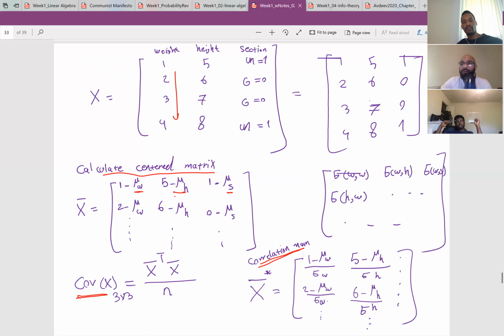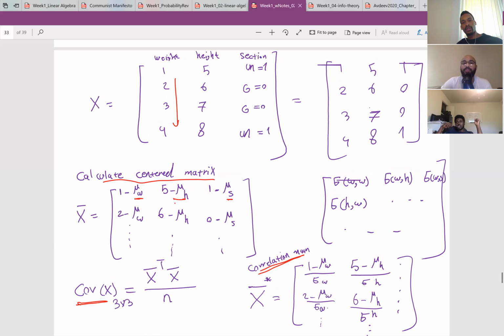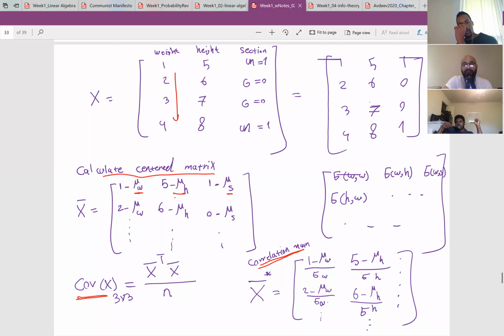Like weight and height. You might check the covariance first, and say, oh, look, I have pretty low covariance with weight and height. Then you would check the correlation, and this tells you the degree to which the weight follows the height, for example.